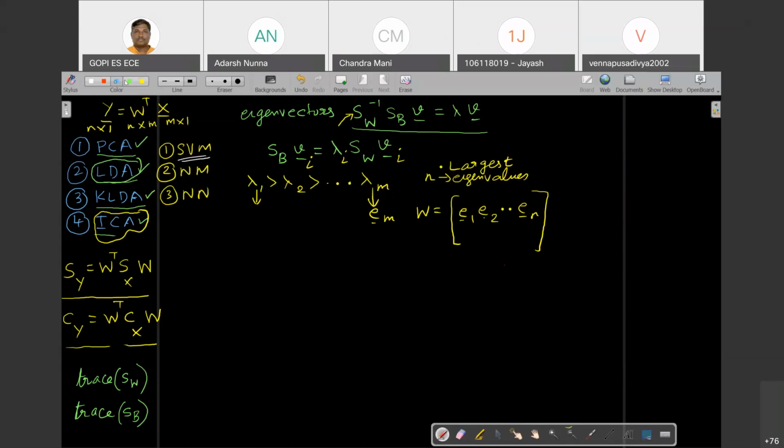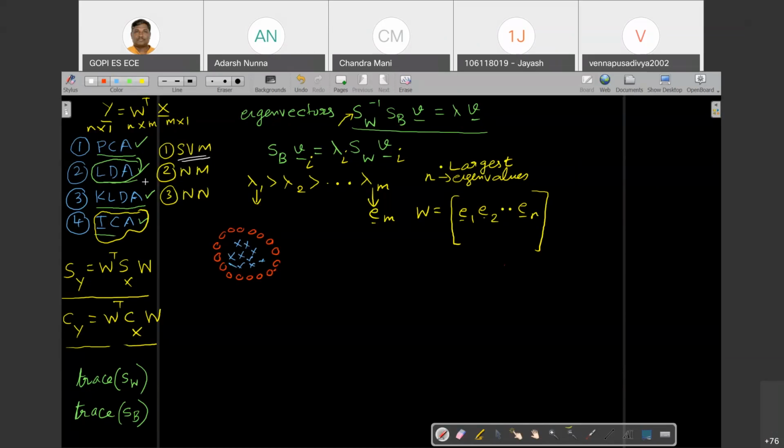So suppose I have data of this form: one data is like this, and the other data is like this. You see that? So this is the way we are having the data, right?